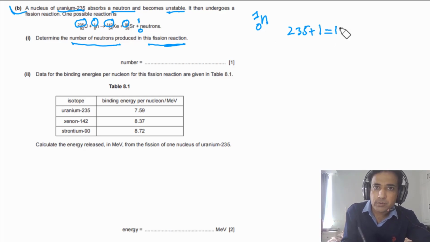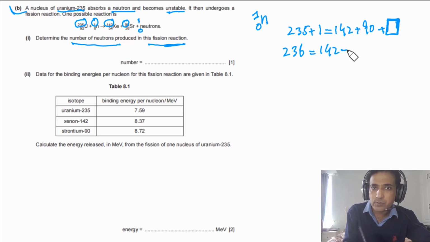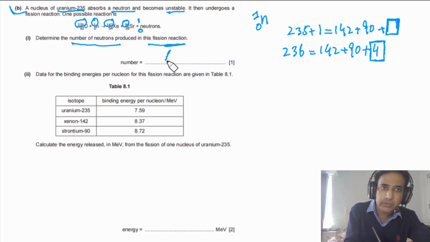This has to be equal to 142 plus 90 plus something, which represents the number of neutrons. Here we will have 236, and 142 plus 90 is 232, so this one has to be 4. So 4 neutrons are produced.